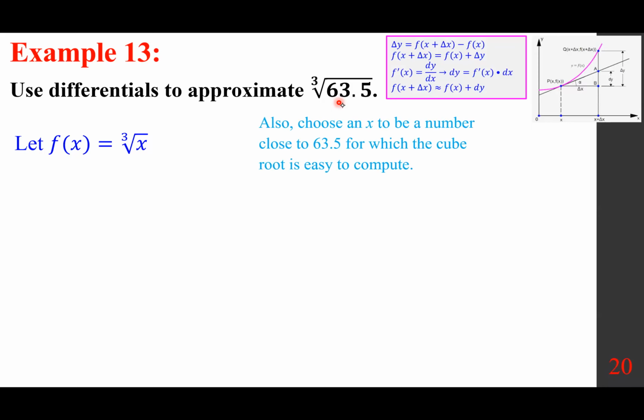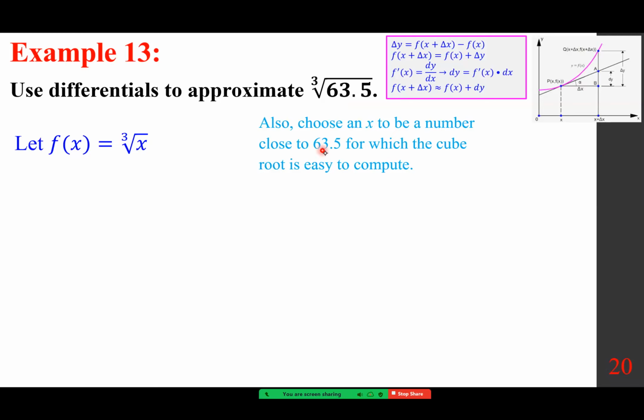Next, we want to find an x to be a number close to 63.5 for which the cube root is easy to compute. We don't need a calculator. Any number comes to mind? The closest number to that would be 64.